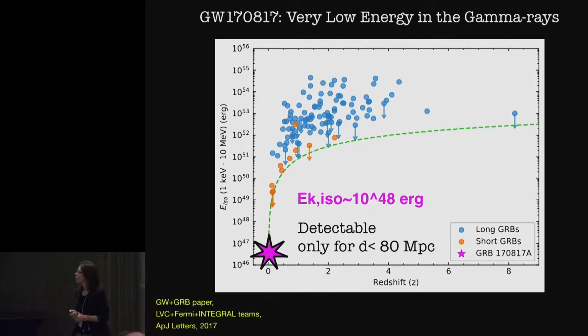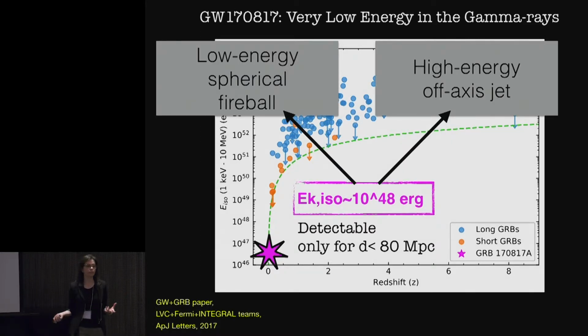And as we heard many times, we had the LIGO trigger and the gamma ray signal. And we realized right away that this signal was very weak. And since this signal was very weak, not luminous, we had two possibilities in mind: a low energy fireball on axis, or something that is totally off axis.